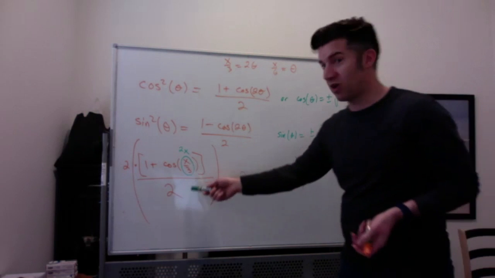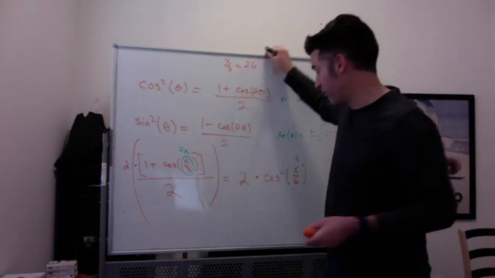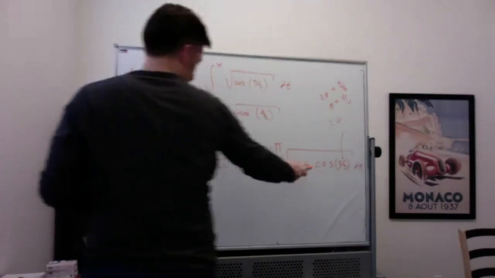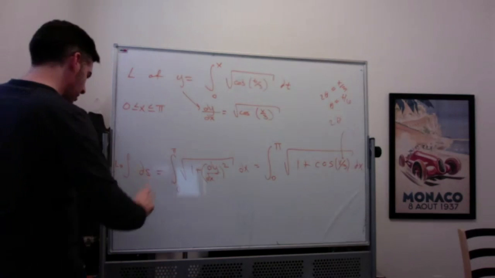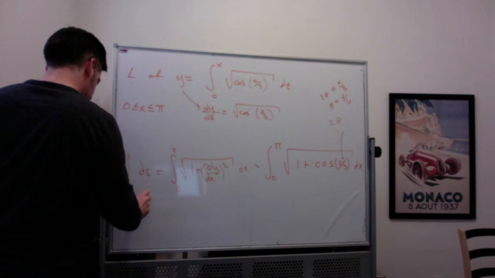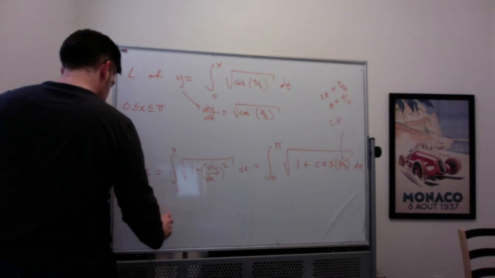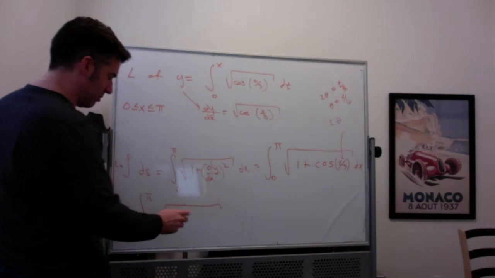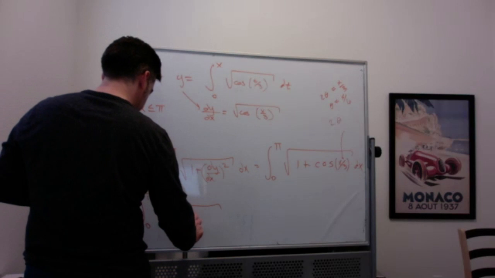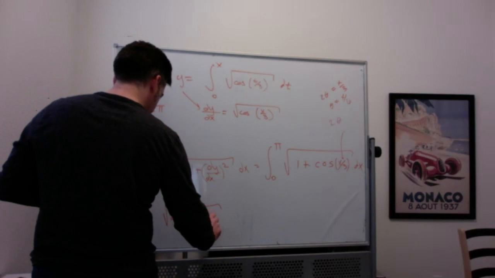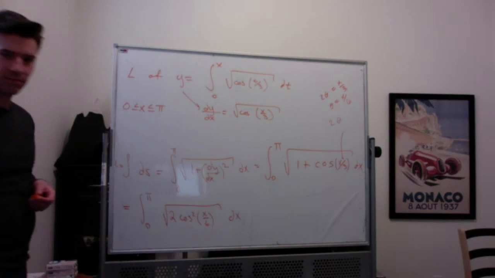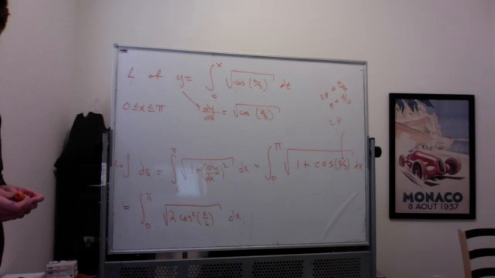So that's what's going back in the square root in our integral. So 1 plus cosine of x over 3 becomes, the inside becomes 2 times cosine squared of x over 6. That's a little bit weird.